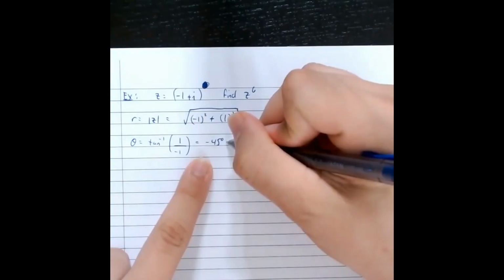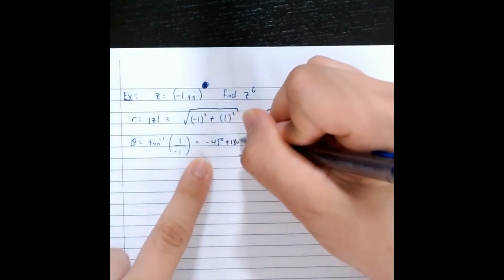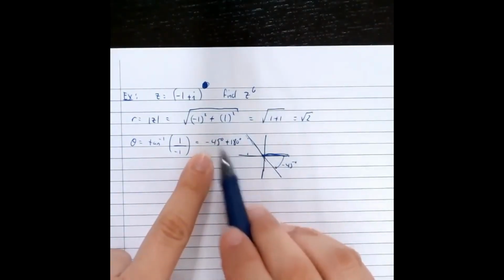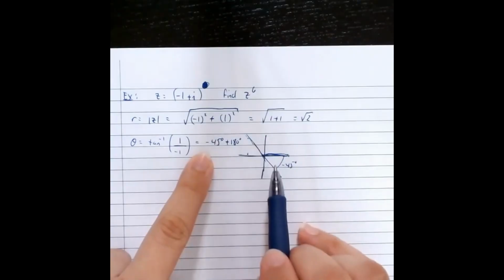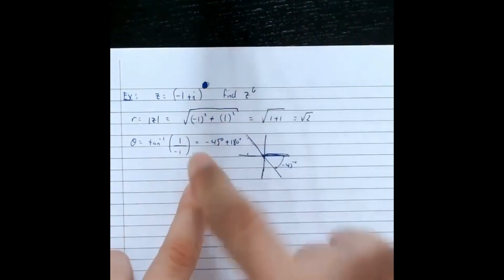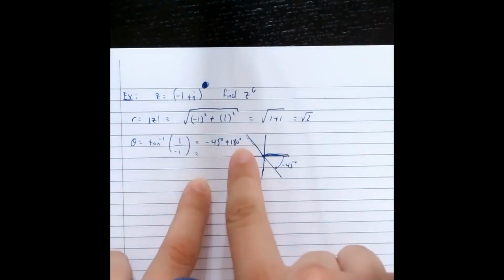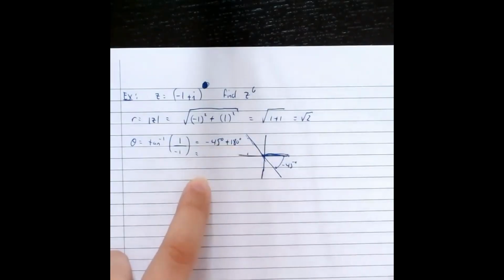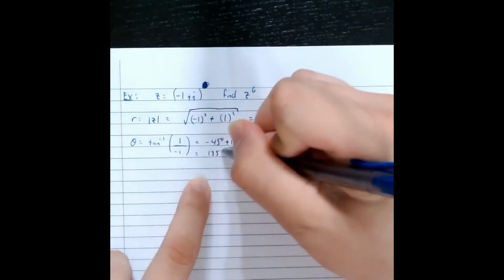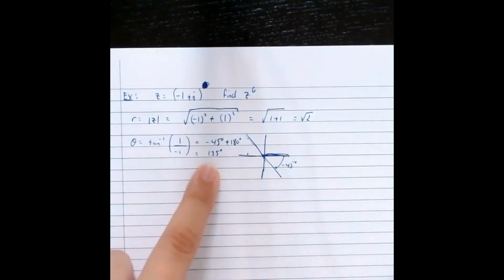So this should be -45 plus 180 degrees. Remember, if this is in the same quadrant, then this is the right answer. But if it's in the opposite quadrant, you need to add 180 to get the correct answer. And here, if you take -45 plus 180 degrees, you're going to end up with 135 degrees. So that's your argument.